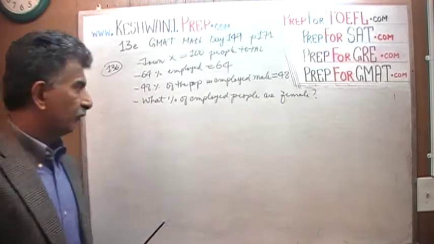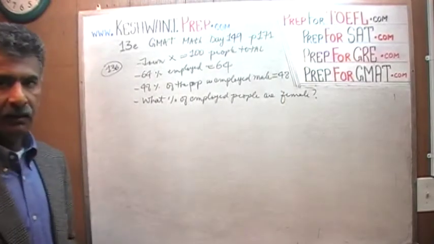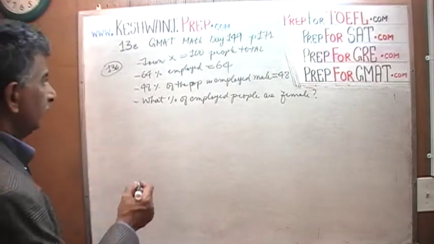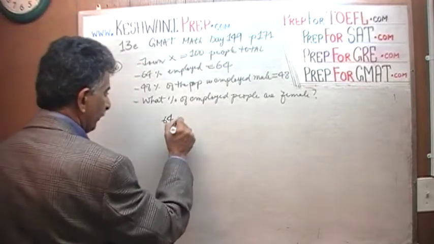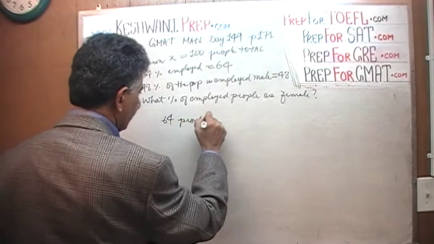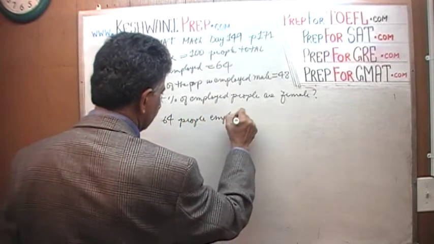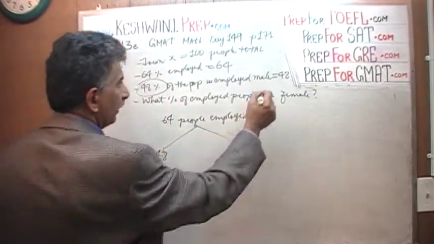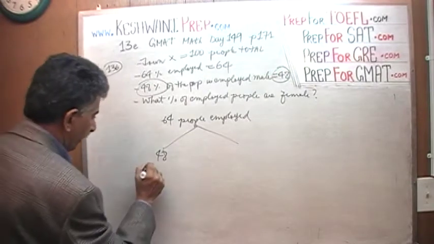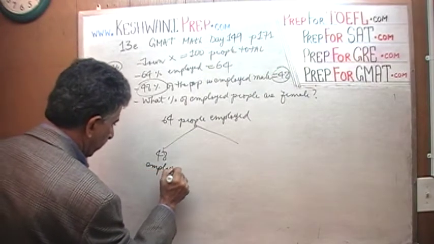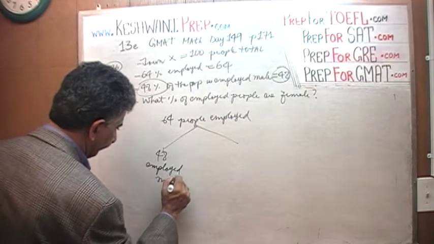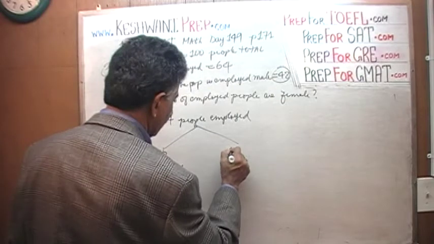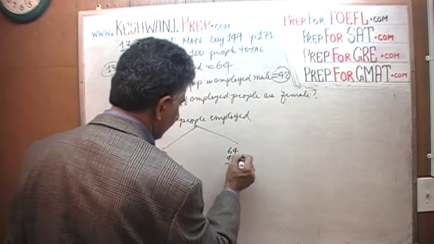The question simply is, what percentage of the employed people are female? Well, let's find out, shall we? If 64 people are employed, and we are told here that 48 of them are employed male, then employed female must be 64 minus 48, which is 16.